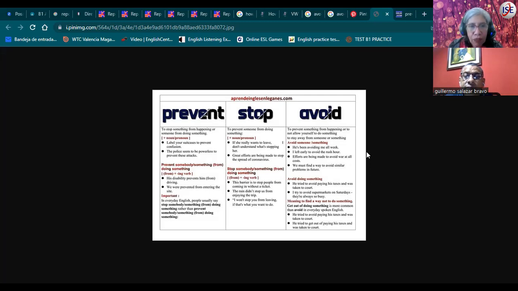So prevent and avoid are very closely related. Why? Because prevent means, oh, it's too small. Let me see if I can put it larger, because it is difficult even for me to read. Give me a second. Let me see if I can open it larger, because it's too little to be seen. I have it in my folder.